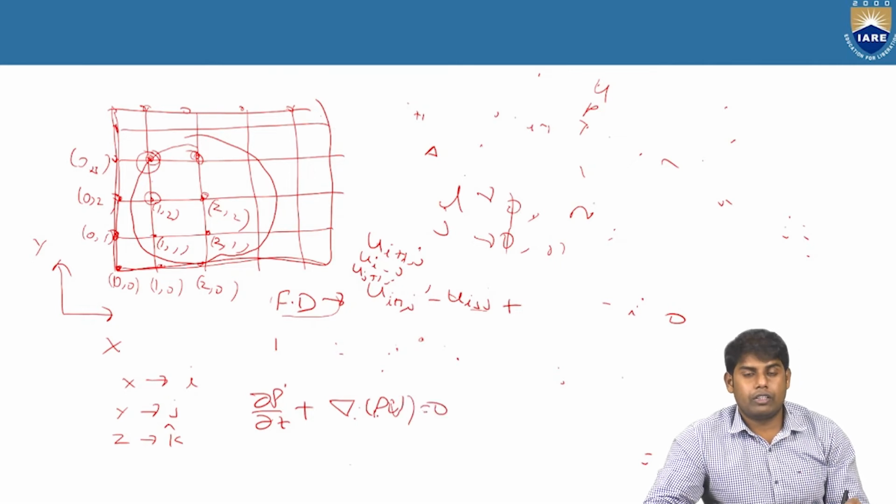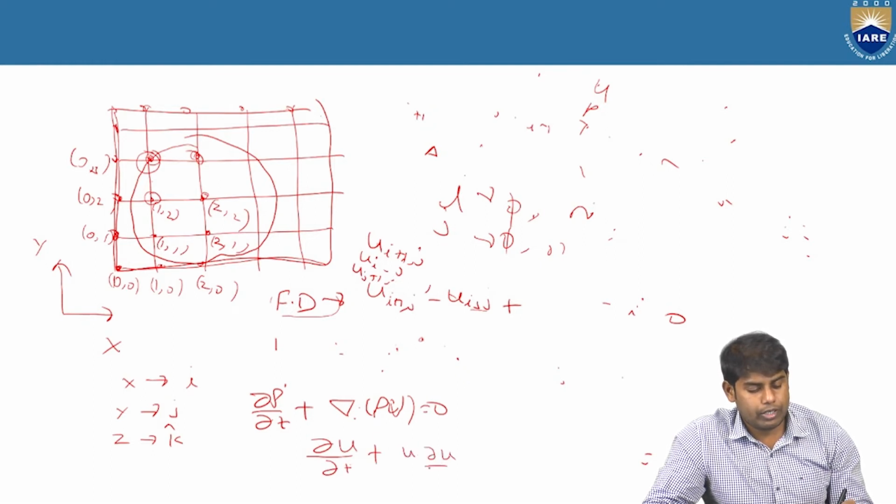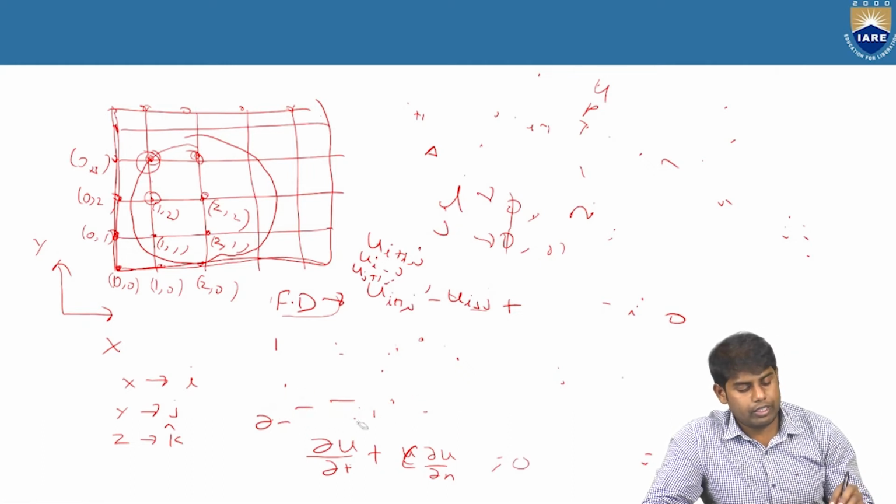So this is for the continuity equation. And let's say you have the momentum equation, du by dt plus u into du by dx, or let's say a constant c into du by dx, is equal to 0. So let's say we will be doing this equation.